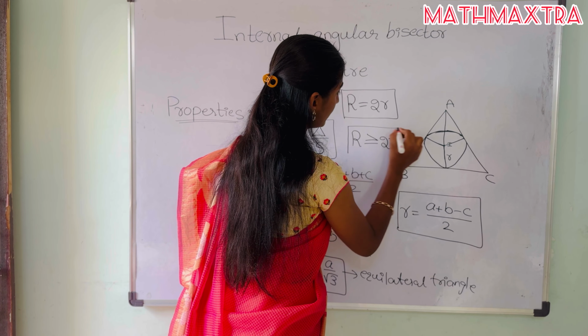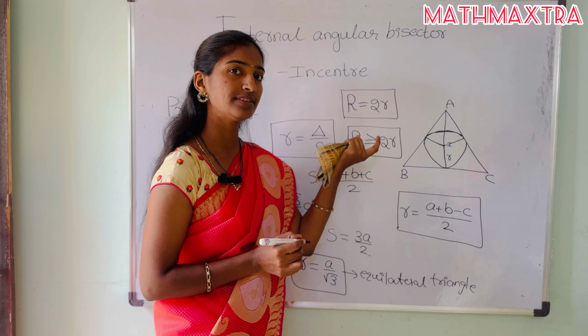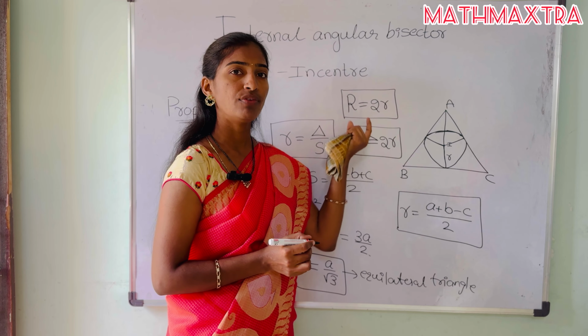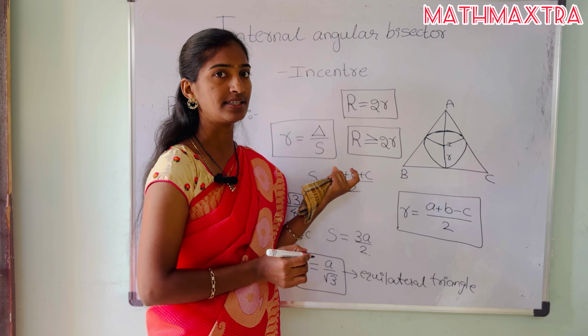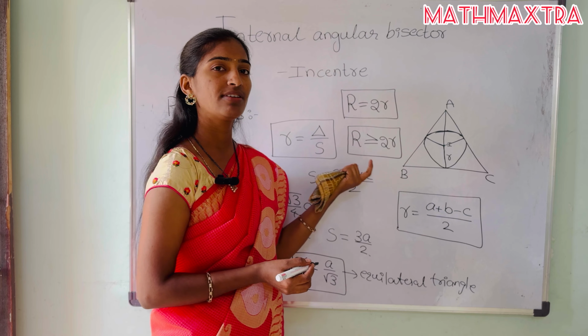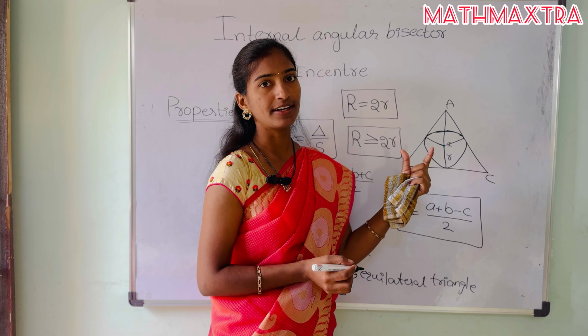It should not be less than 2r. Equality holds whenever we consider an equilateral triangle. In other cases, it is always greater than 2r only. So this is Euler's inequality in the case of circumradius and inradius.